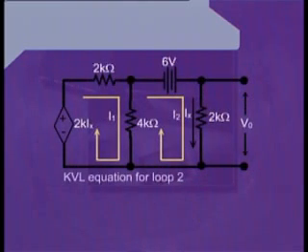Now, if we consider mesh number 2, then we also need to write the loop equation after applying Kirchhoff's voltage law to this mesh and simplify the equation.